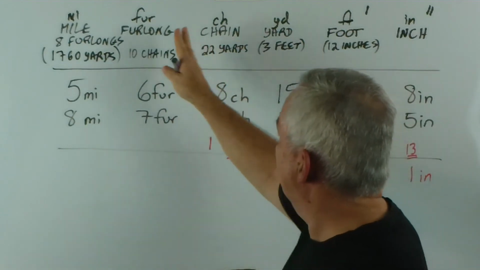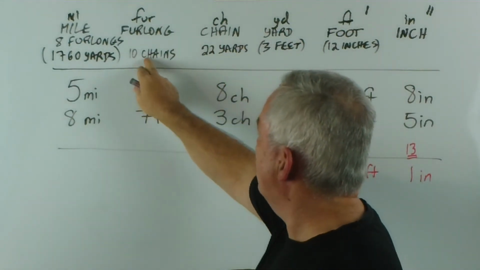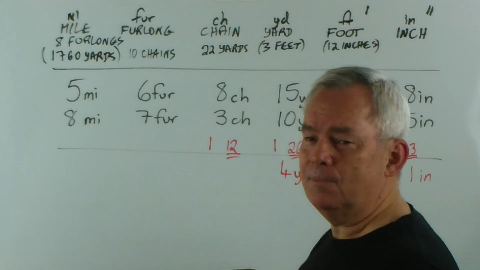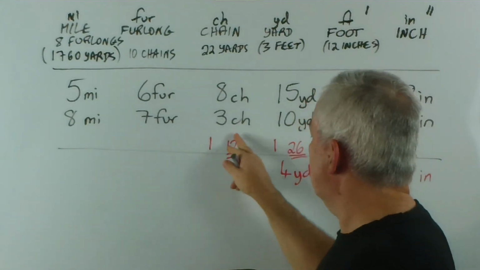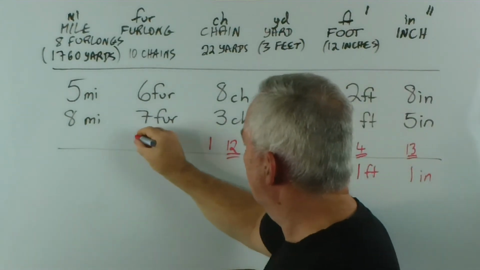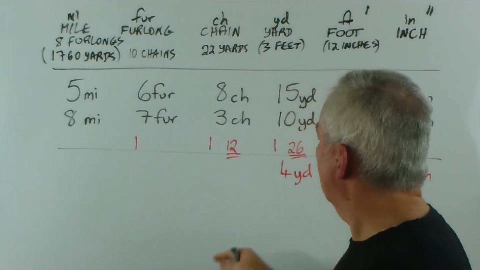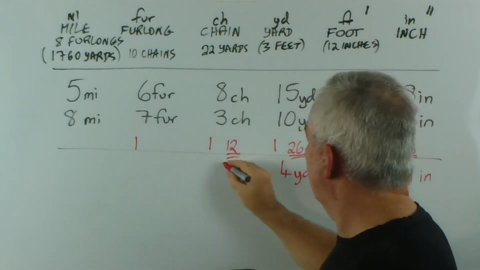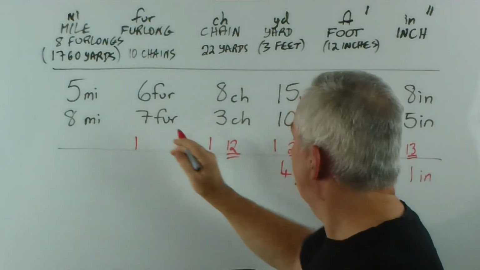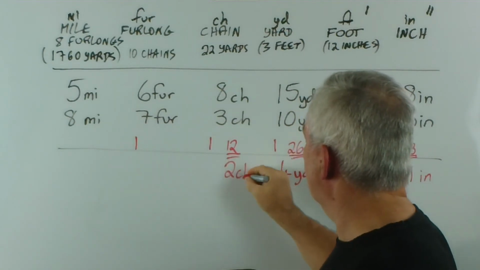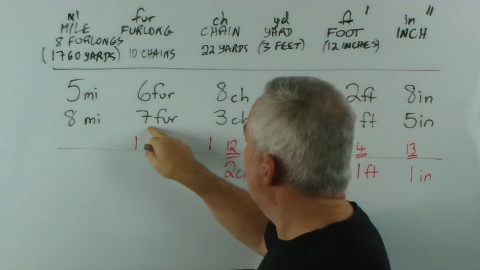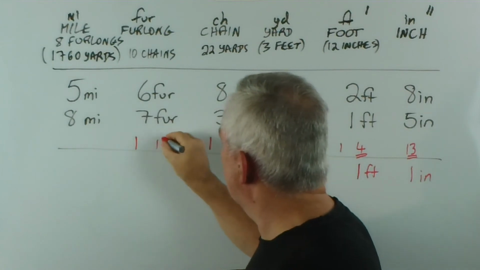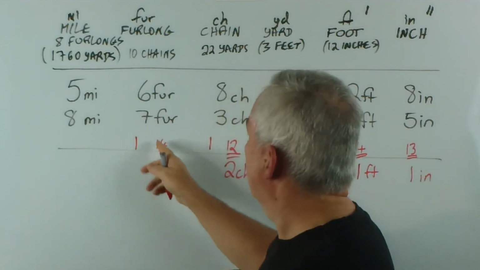Now, looking in our next column, we need 10 chains to make a furlong. So we take 10 of these to make 1 in the furlongs column, and after we've taken that 10 out, we have 2 chains left. Here we have 6 and 7 and 1 makes 14 furlongs.